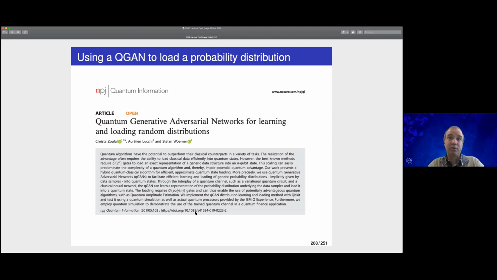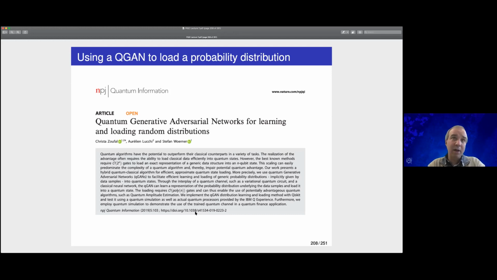So if we have a general distribution, there is no polynomial algorithm that creates a circuit able to sample from this distribution in general, okay? So this is a useful task that can be more or less successfully tackled with this proposal of a quantum generative adversarial network.